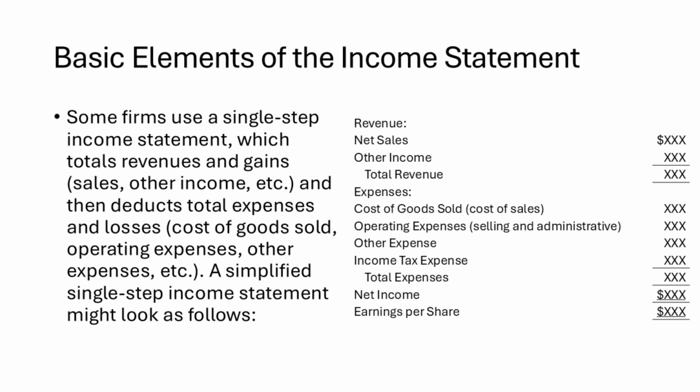A simple single-step statement looks like the right-hand side: net sales, other income, total revenues, then the group of expenses, and the net income, and also the important earnings per share. So this is the difference between the multiple step and the single step. Here is the example for the single step.